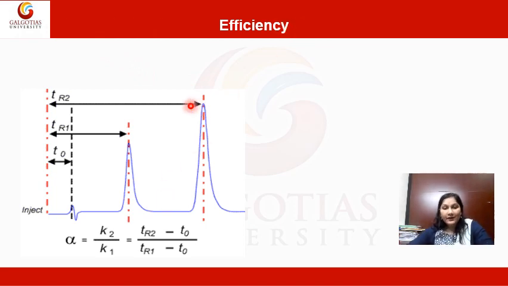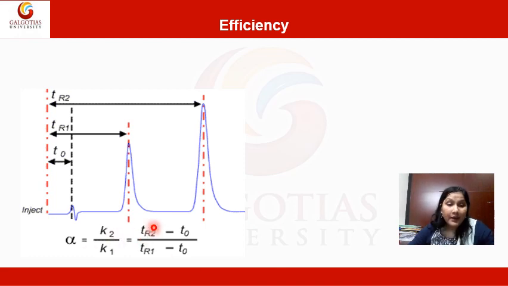So, if we apply the values of K1 and K2 over here, we will get TR2 minus T0 by T0 from the equation of retention factor, and the retention factor for the first peak will be TR1 minus T0 by T0. T0 will be cancelled and we will get TR2 minus T0 by TR1 minus T0.